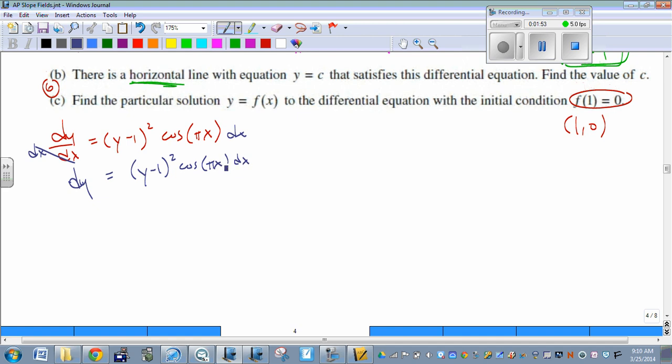So the dx is over here with this x, but we also have a y here. We need to get rid of that. We're going to divide both sides by the y minus 1 squared. So we get 1 over y minus 1 squared dy equals cosine of pi x dx.